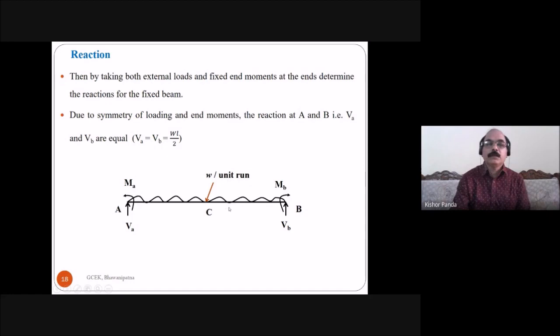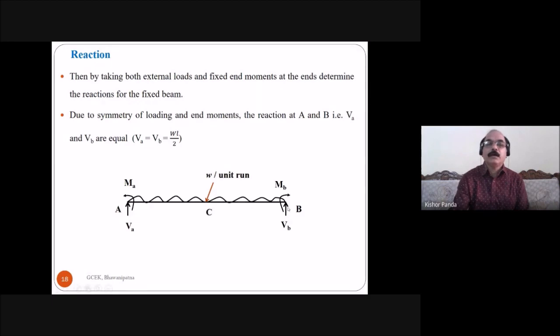Because at the point of contraflexure, the moment is equal to 0. So you take the moment at a distance x from the support B, and equate this moment to 0, then you will find the point of contraflexure distance.